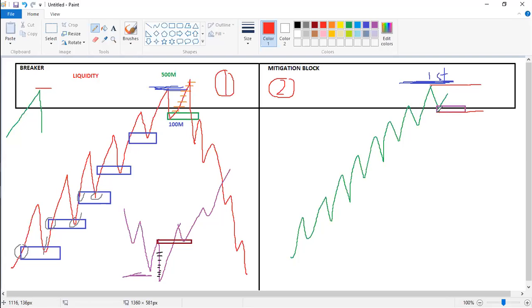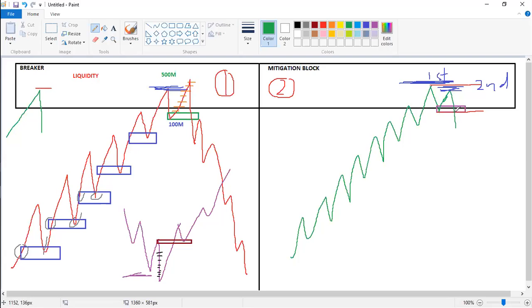So they're just pushing price to premium, not to break market structure, because this is the area where they have their first sell orders. They don't want price to go above their sell orders. So they'll just push price to premium, and then once it's in premium, they put their second sell orders. Then once they're done, price breaks market structure.